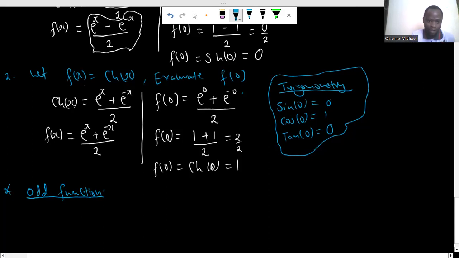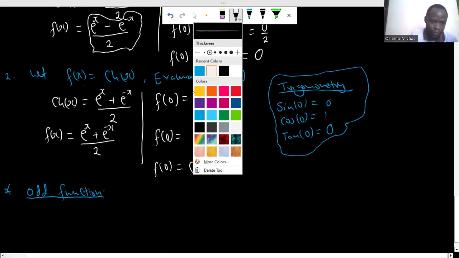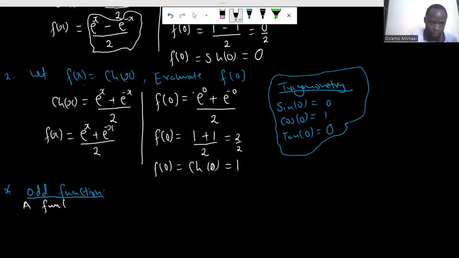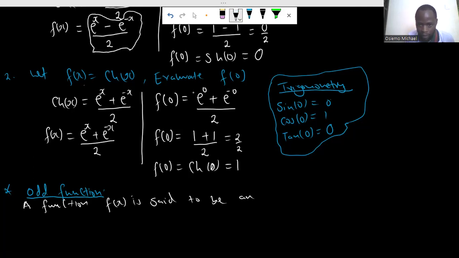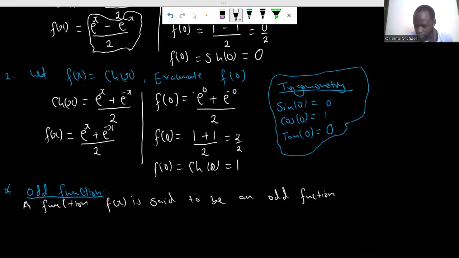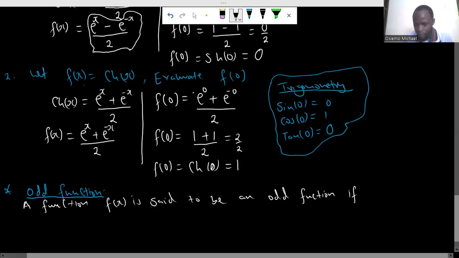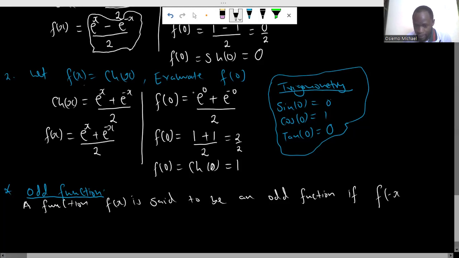So you say that a function f of x is said to be an odd function if f at negative x is equals to negative f of x.